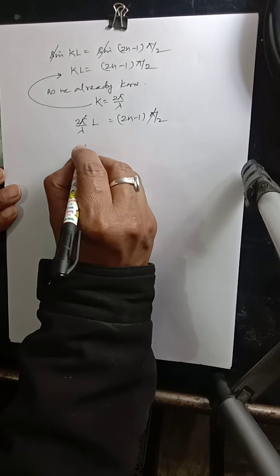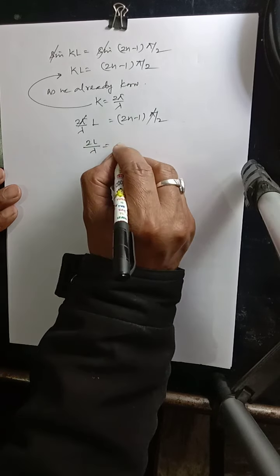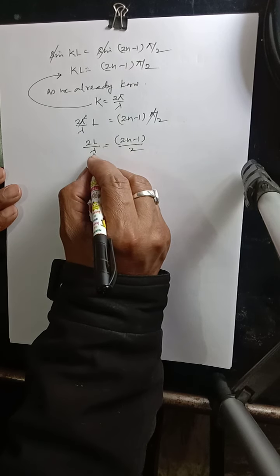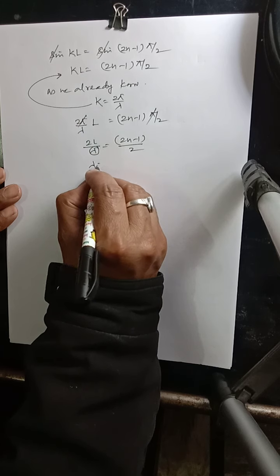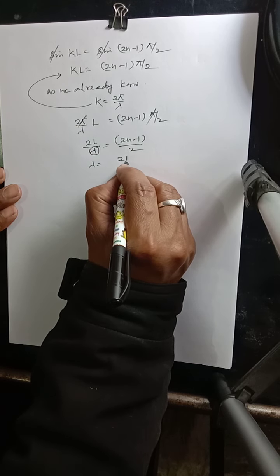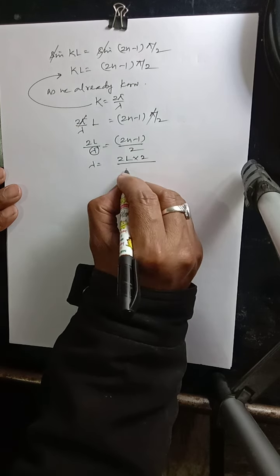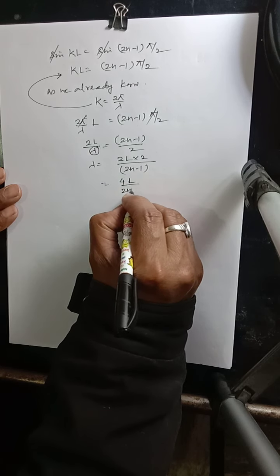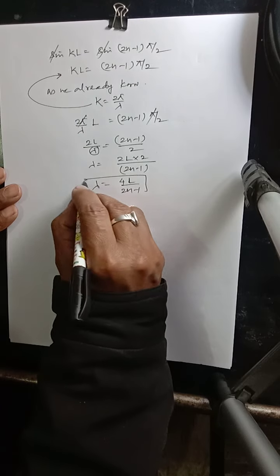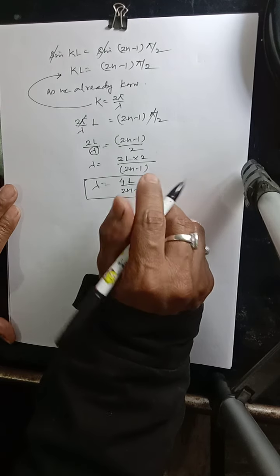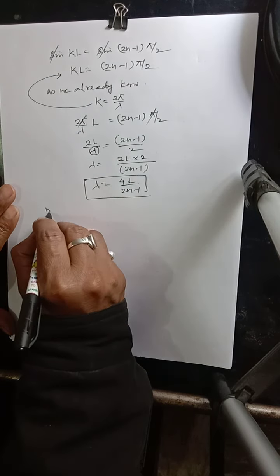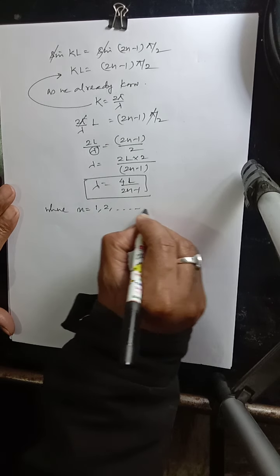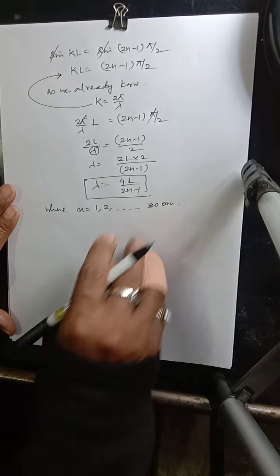The rest is 2L upon lambda is equal to (2n minus 1) upon 2. From here we are going to find the value of lambda, that is equal to 2L multiplied by 2 upon (2n minus 1), that becomes 4L upon (2n minus 1), that is lambda. Here n will start from 1, 2 and so on.